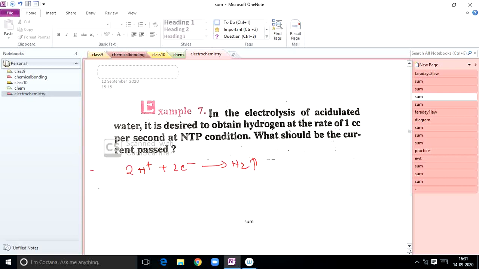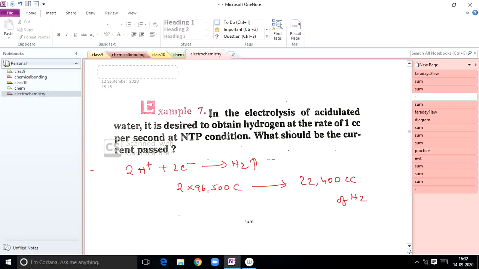For 2 Faraday, means 2 into 96,500 coulombs. How much volume of hydrogen gas is liberated? 22,400 cc of hydrogen, 1 mole of hydrogen gas according to the mole concept.